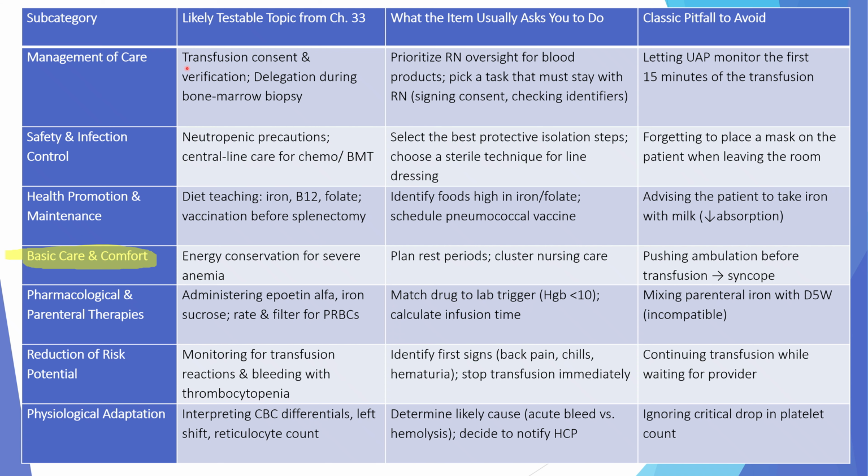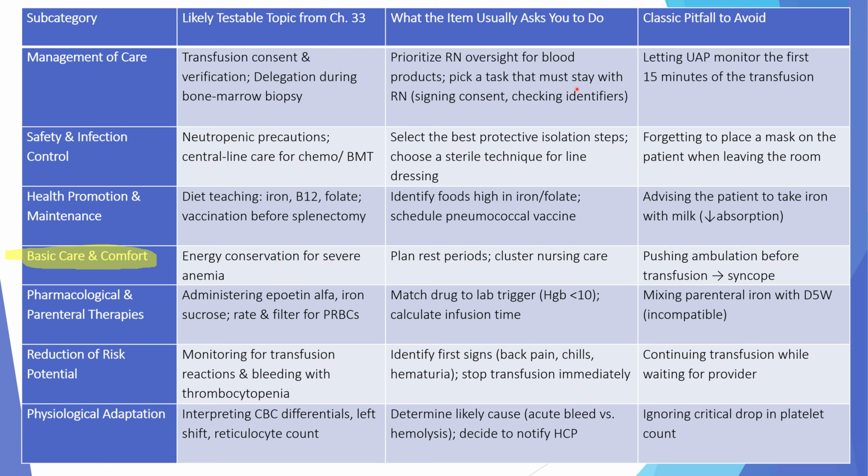Management of care, transfusion consent. You need consent for everything for the patient. You need to ask consent. And verification, delegation during bone marrow biopsy. Prioritize RN oversight for blood products.